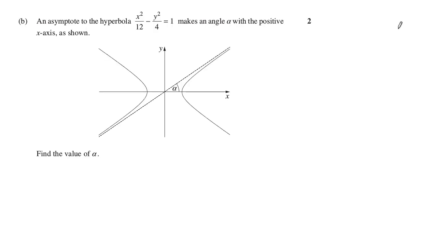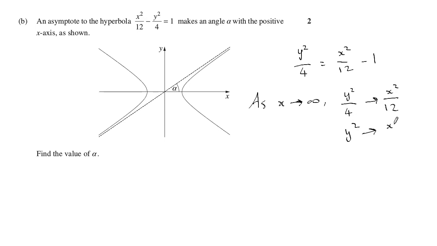Part B. So you might have memorized some way to work out the slope of the asymptote from these values. But what I would do is just think about the behavior of y as x gets really big. So let's just solve this for y. And then as x tends to infinity, as it gets bigger and bigger, this gets really big, so the minus 1 is kind of insignificant, and you can just ignore that. So y squared on 4 tends to x squared on 12.